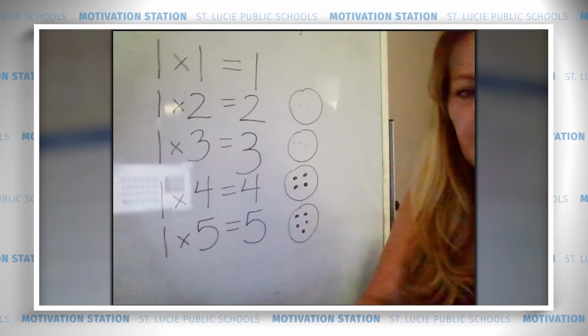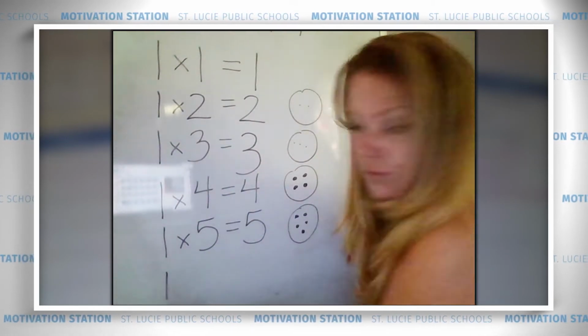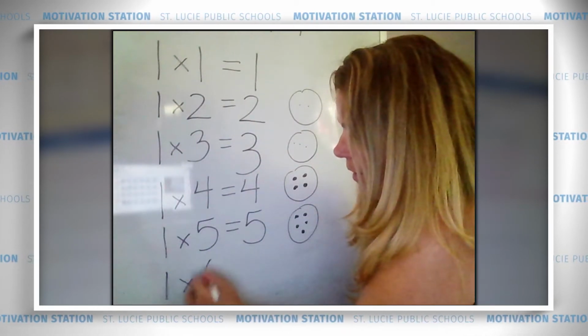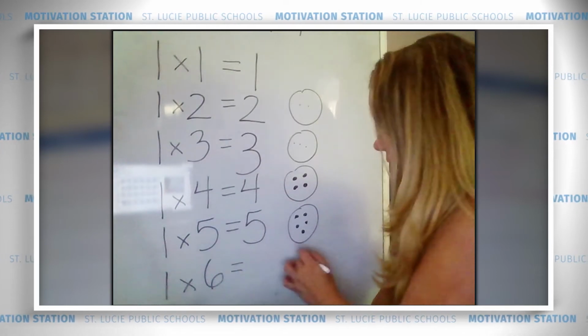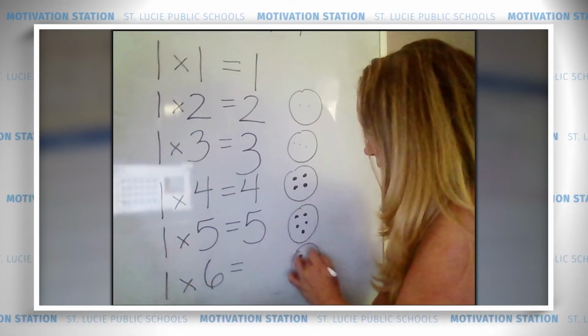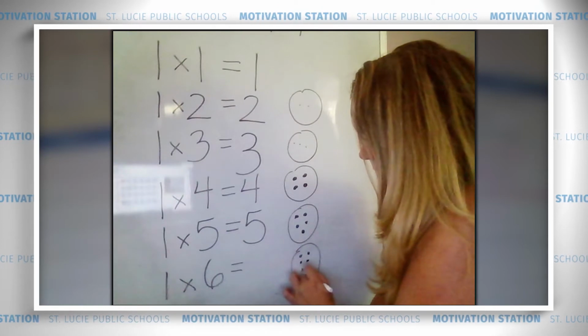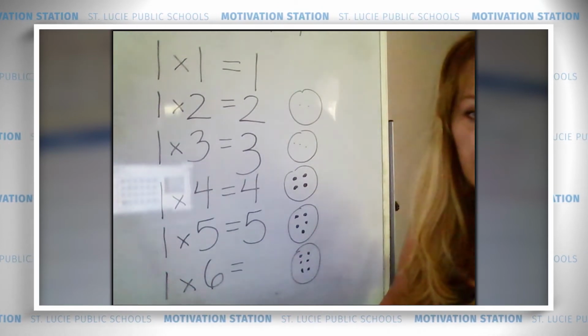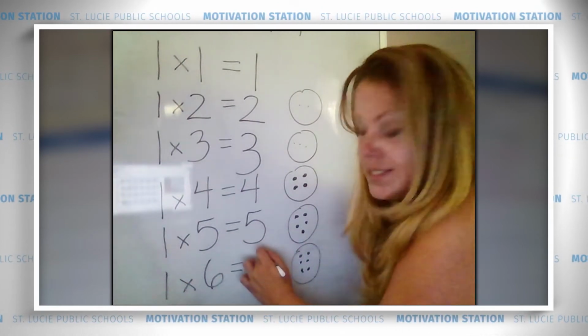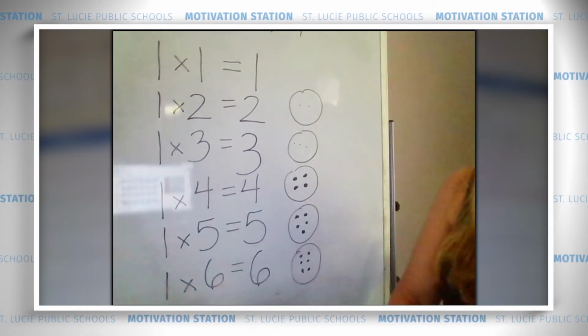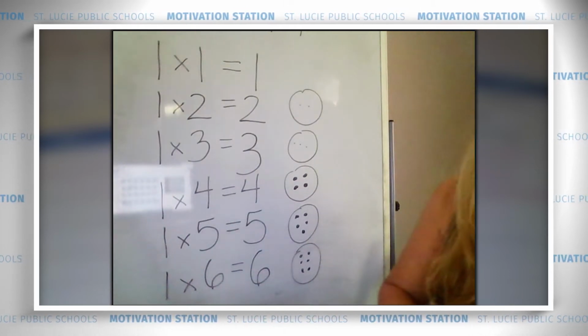All right, and then my final roll, I'm going to roll a factor of 1 and a factor of 6. So that would be one group of 6, and my product would be, that's right, 6. Simple enough, right?